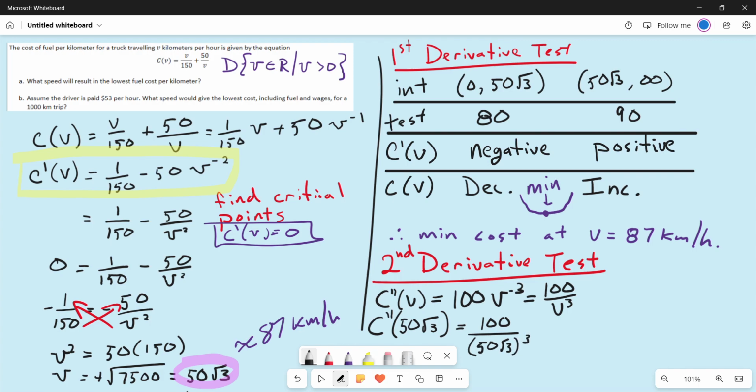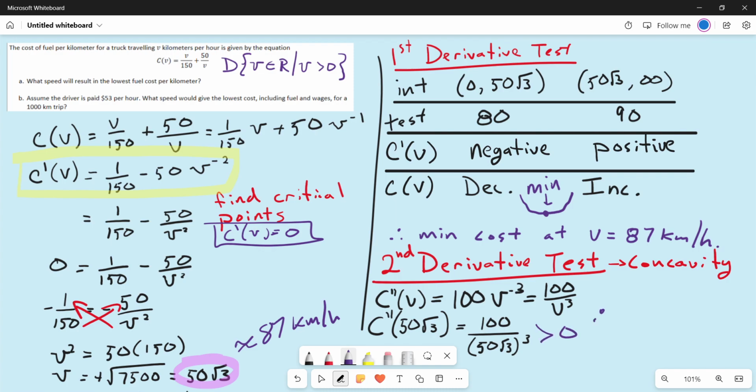The only thing that matters here is whether it's positive or negative. We're checking the concavity. The second derivative test is where we check for concavity. And what we notice here is that it is only slightly positive. I did the calculation earlier. So it's going to be greater than 0.